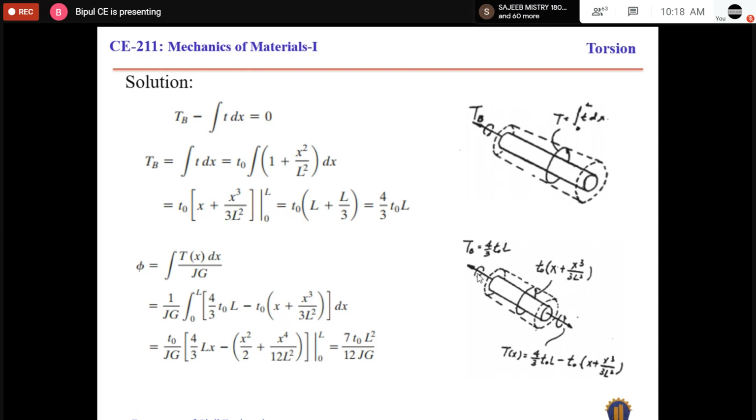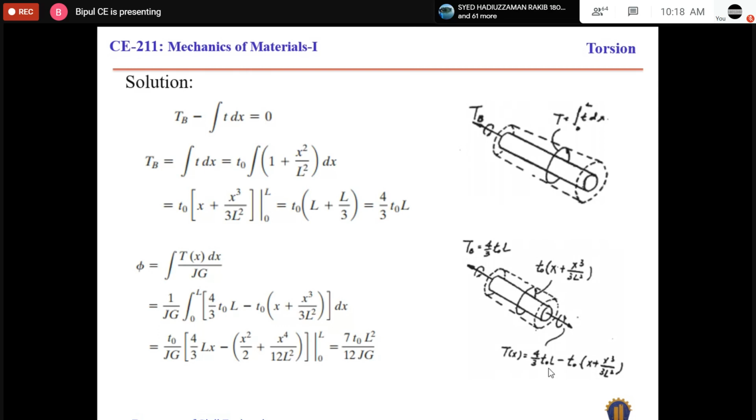This is the internal torque, which is clockwise, and that is anti-clockwise. So the internal torque here will be this one minus that one. This is the equation of internal torque developed at a point x distance from the support.